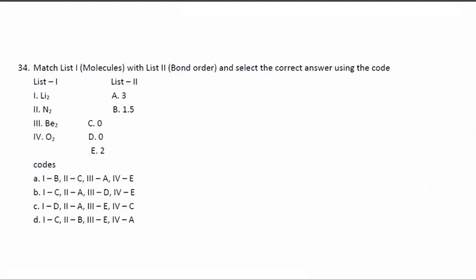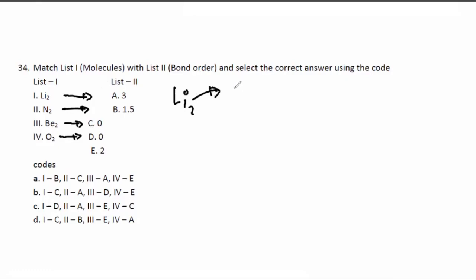Next question. List 1 molecules, list 2 bond order. Select the correct code. Li2, Ne2, Be2, D. Li2, what is the bond order?